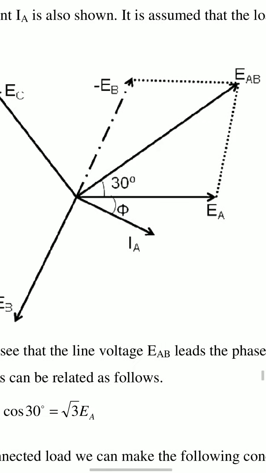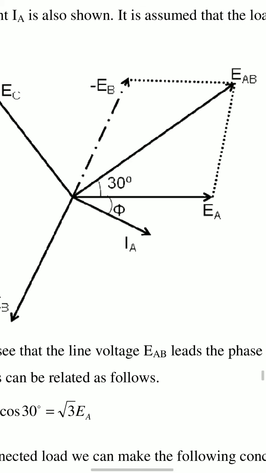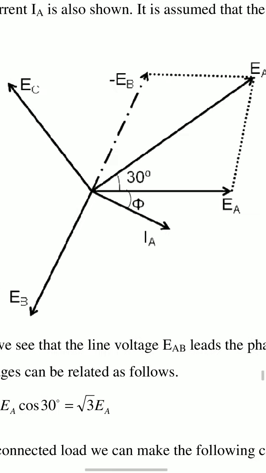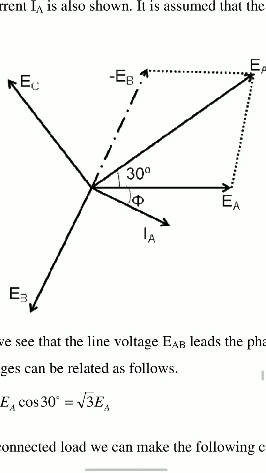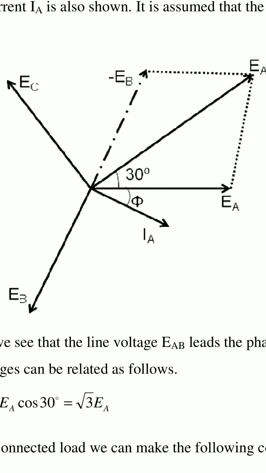In this phasor diagram, EA, EB, EC are called phase voltages.